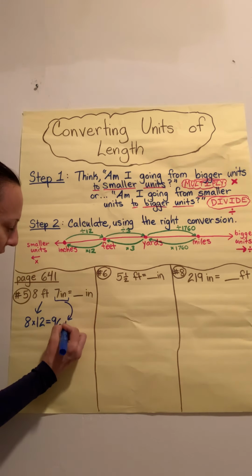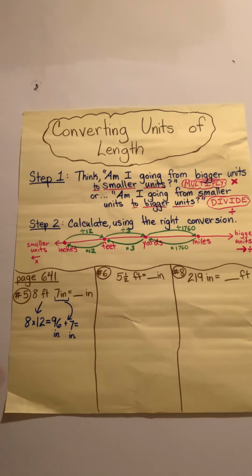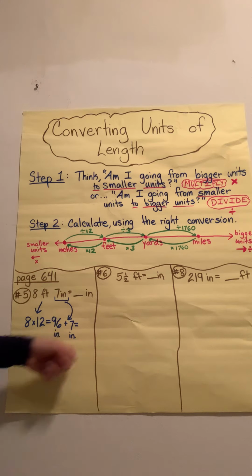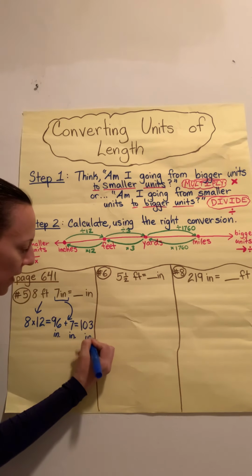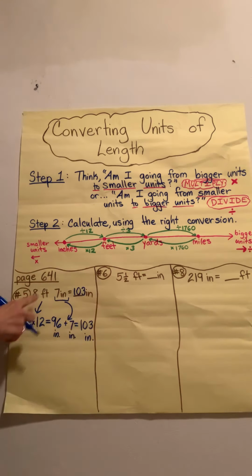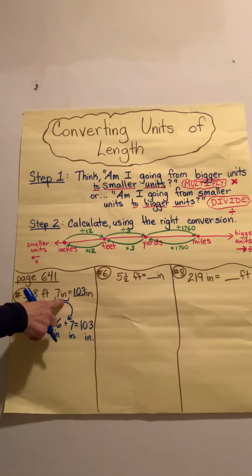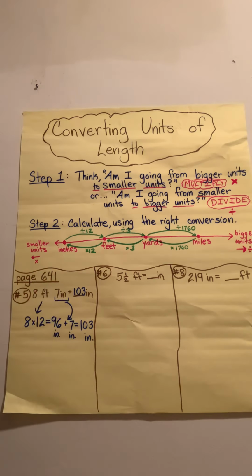So now I just need to add that 7 inches on. Same unit, I can just add them together. So that gives me a total of 103 inches. So now I know that 8 feet 7 inches is equivalent to 103 inches.